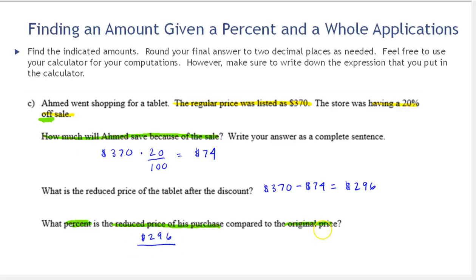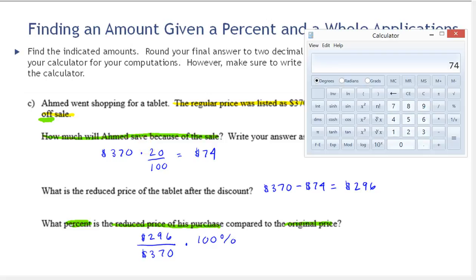The original price is $370. And to write this as a percent, we multiply by 100%. And our result is 80%.